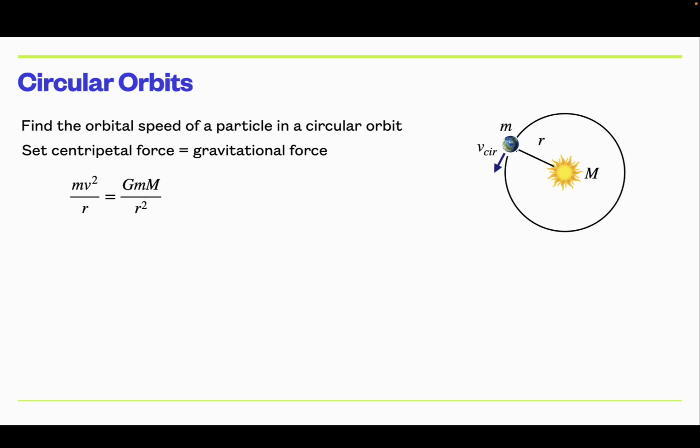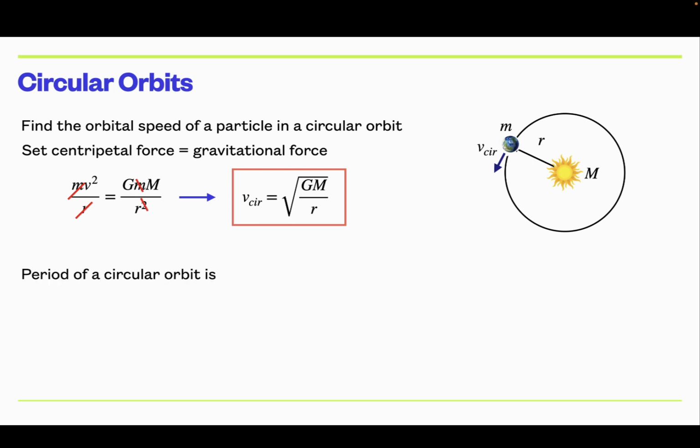So the centripetal force is mv squared over r. The gravitational force, the magnitude of it, is GMm over r squared. The m's cancel, one of the r's cancels, and we find that the circular velocity is the square root of GM over r. So a very simple result from introductory physics.